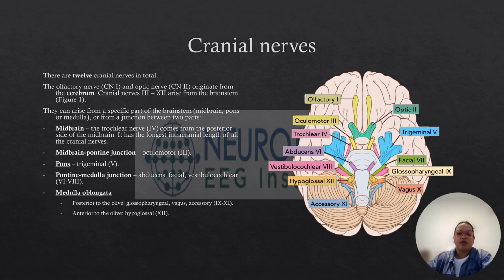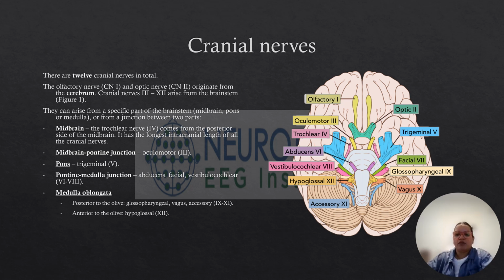That's from the pons. And then at the pontine medulla junction, we have the 6th through the 8th: the abducens, the facial, and the vestibulocochlear. Those three come from the pontine medulla junction.